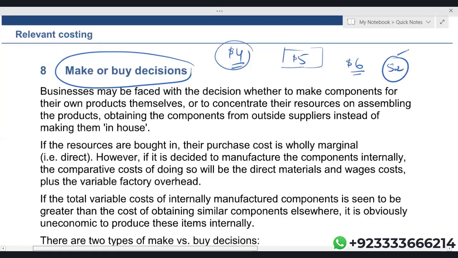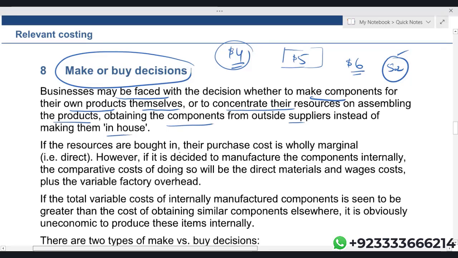You have to just compare what is your cost of producing the same thing internally and what is the price you can get the same thing from outside. Obviously, whichever is cheaper for you, you will go for that. So businesses may face the decision whether to make components for their own products themselves or to concentrate their resources on assembling the products, obtaining the components from outside suppliers instead of making them in-house.